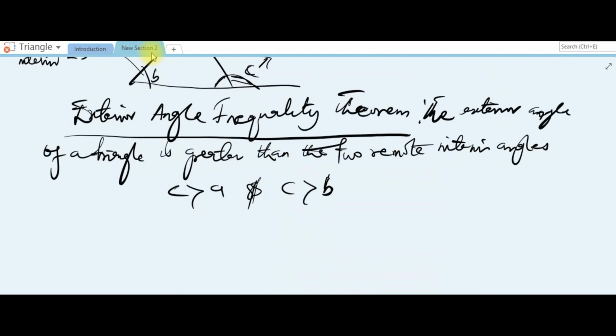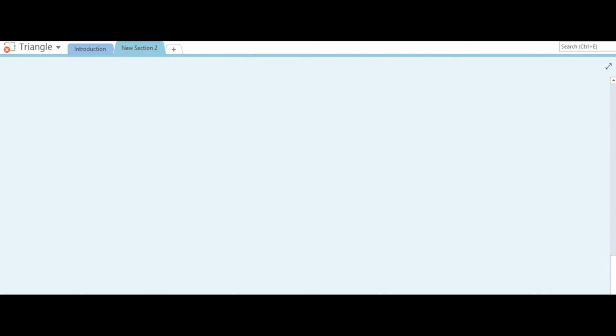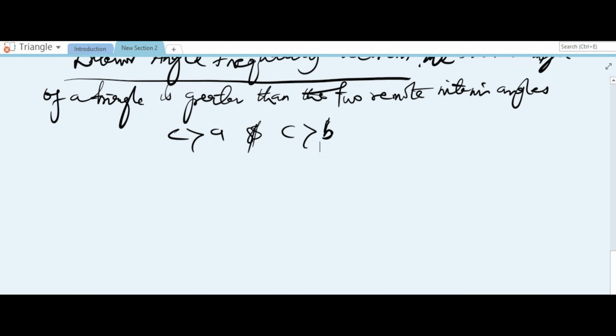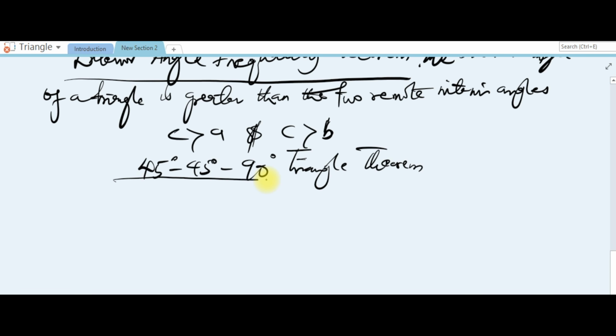The next theorem is the 45-45-90 triangle theorem. From the name, the interior angles are 45, 45, and 90.